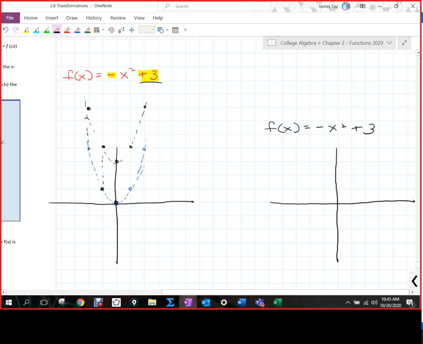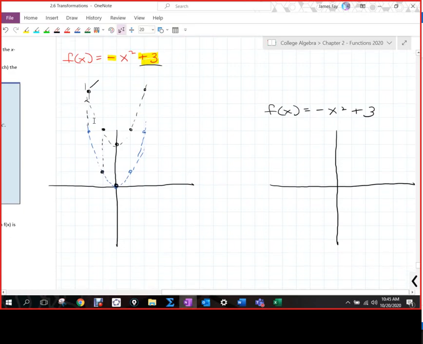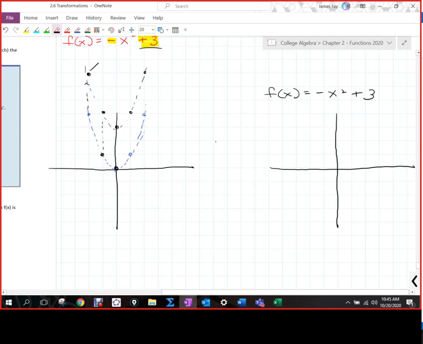And that makes sense from what we know about x squared plus 3, right? Okay, about vertical shifts. Now the negative says we flip it. So this point here, as a y value of 7, is going to go now to a y value of negative 7. So 1, 2, 3, 4, 5, 6, 7. Okay. This one here is a y value of 4. So go to negative 4, right?